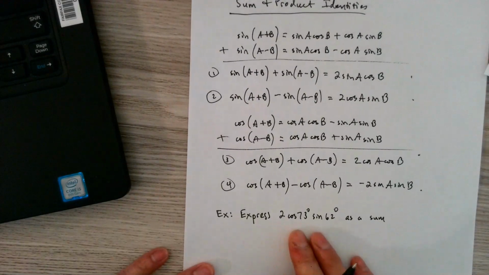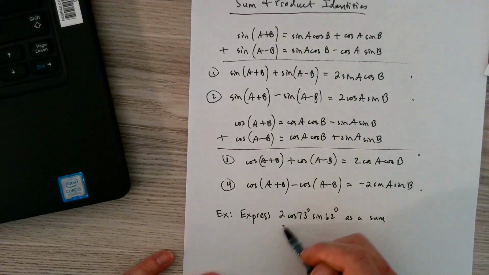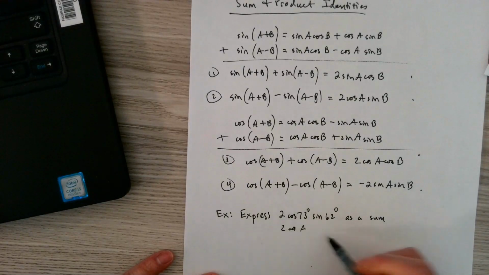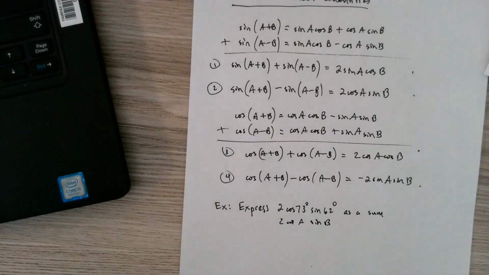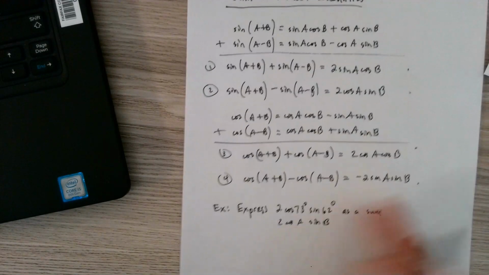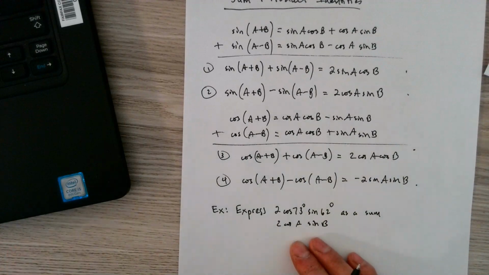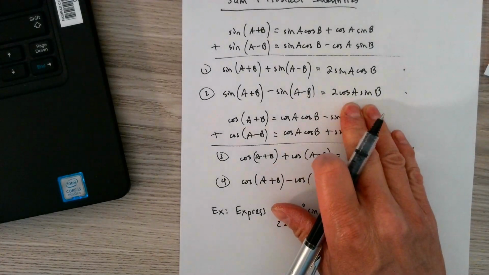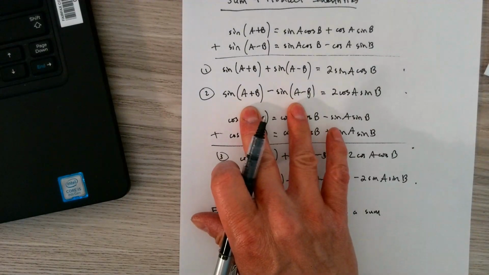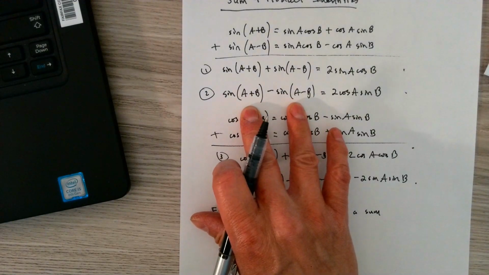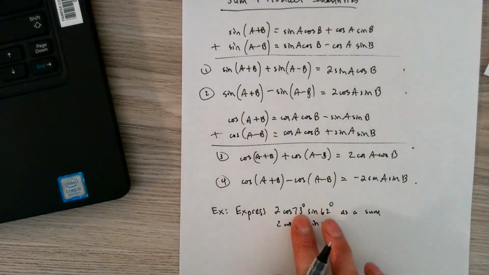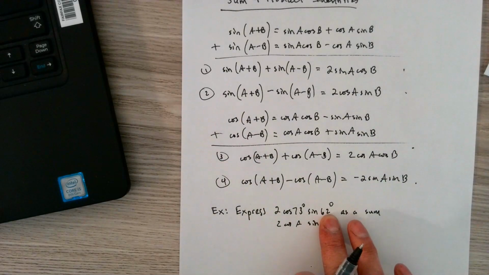Okay, so if I look at the structure here, I have 2 cosine A sine B in my product. Okay, so you just go to the one that fits. That would be this one up here, number 2. So to write it as a sum, you would write it like that. And A is 73 and B is 62.